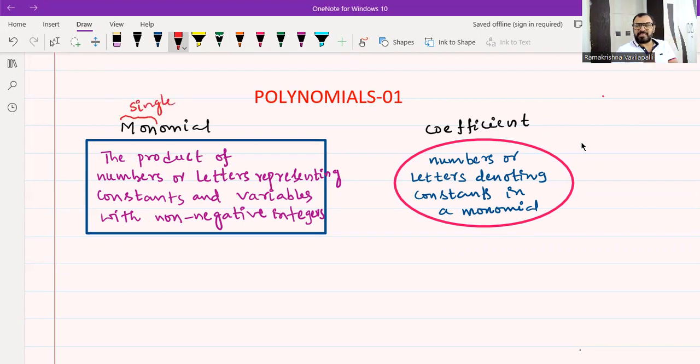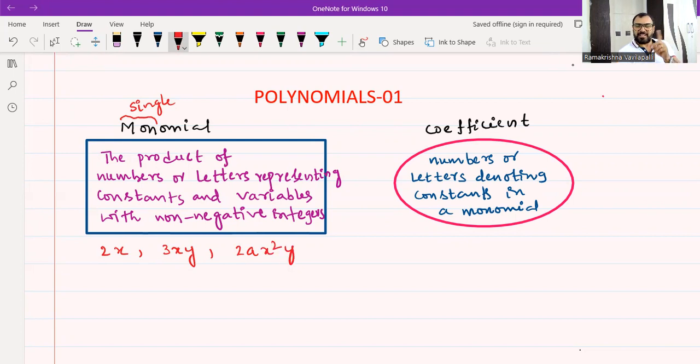So monomial means having only one term, a single expression, without addition, subtraction, etc. For example, 2x is a monomial. 3xy is a monomial. It is a single term. 2ax square y is a monomial.